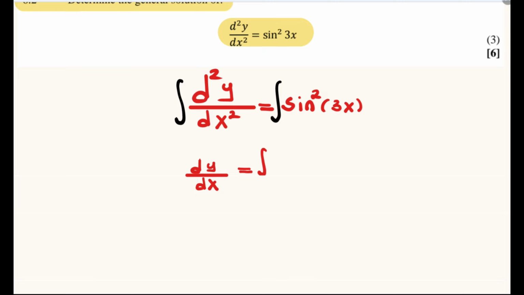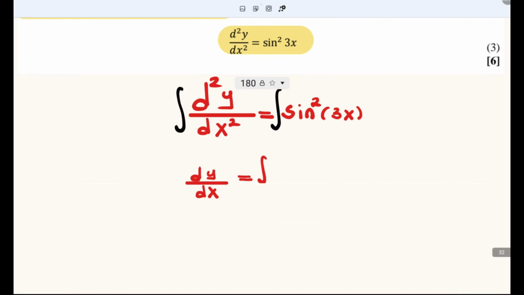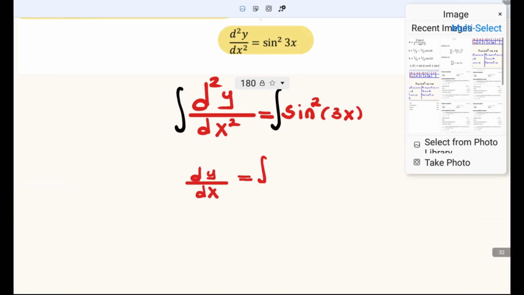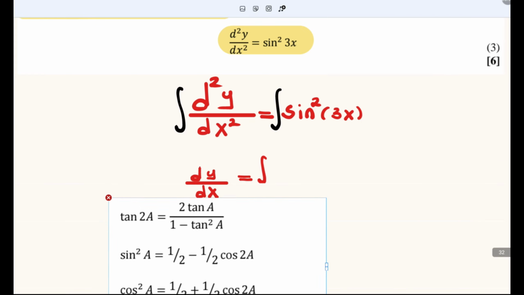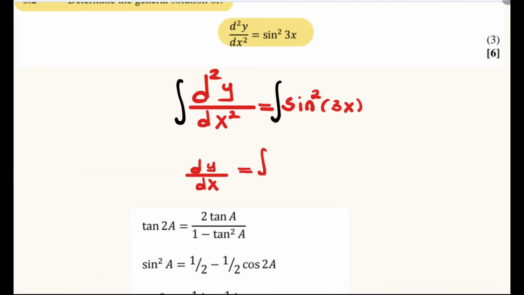We don't have a formula for the integral of sine squared in the formula sheet, but we do have a trigonometric identity for sine squared. We take the one which has sine squared, which is equal to half minus half cos 2a.